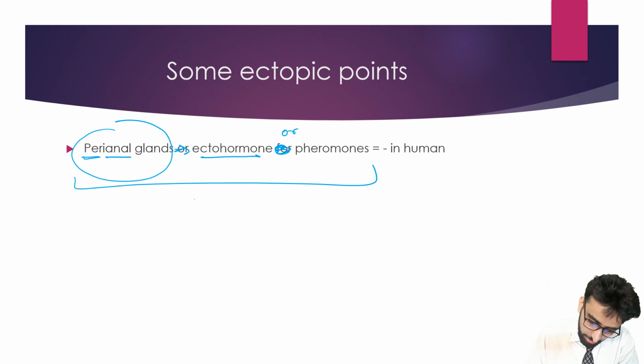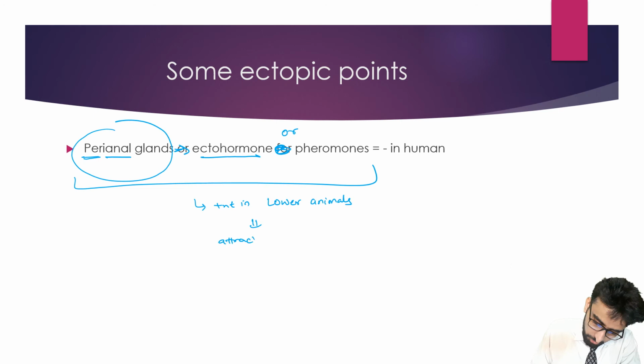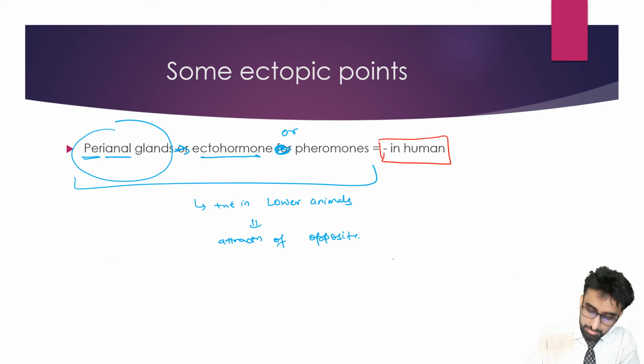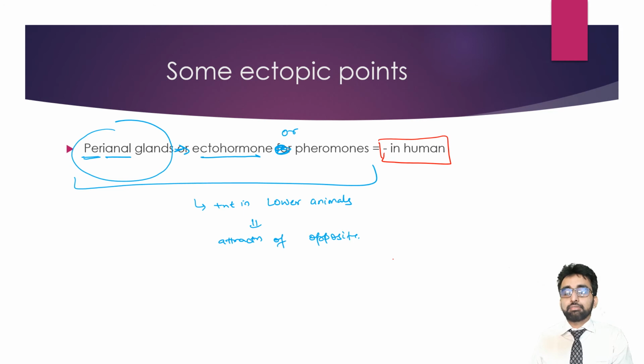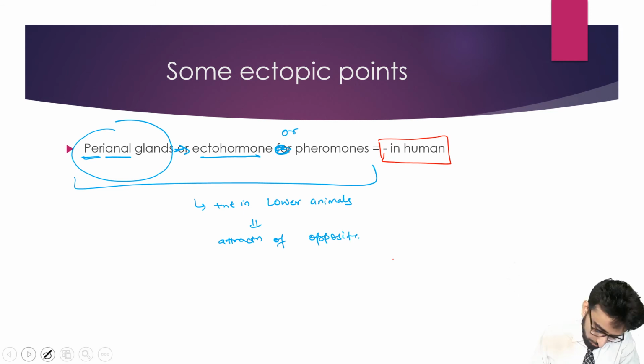This is in fact present in lower animals, not in human, and it leads to the attraction of the opposite sex. Whatever phenomena we are discussing, it is absent in human, and hence it is written here that these glands or the pheromones are absent in human.